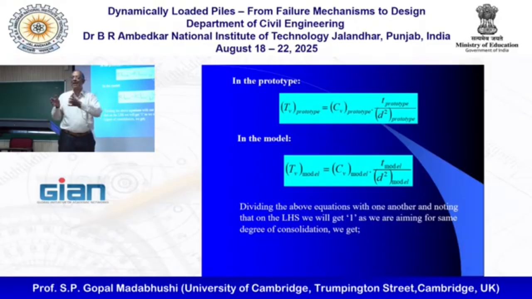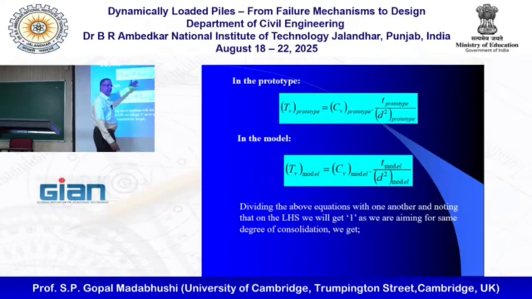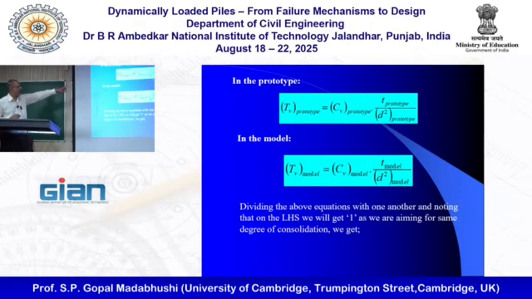Also, if I use the same soil as in the field in my model in the centrifuge, Cv should be the same, right? That just depends on k and mv, I guess we call it E naught. Anyhow, that is the same. Then the only things left are the time and the distance for drainage.